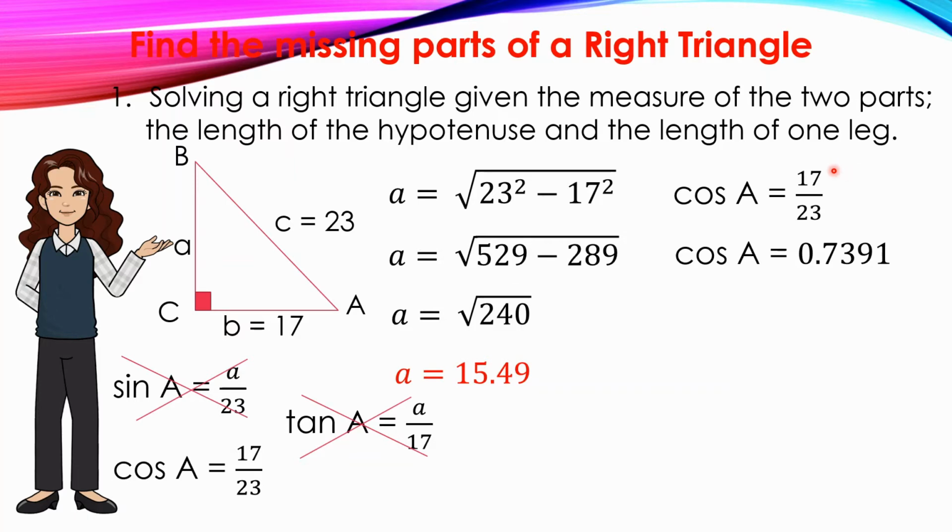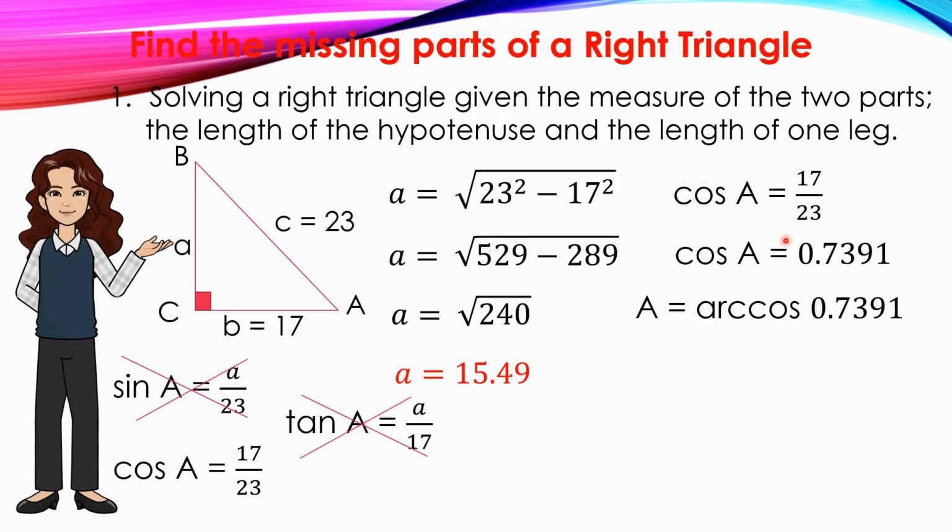So cosine A is equal to 17 over 23. When we compute 17 over 23, we get 0.7391. After that, we're going to find the angle A, so we have arc cosine of 0.7391. You're going to use your scientific calculator.